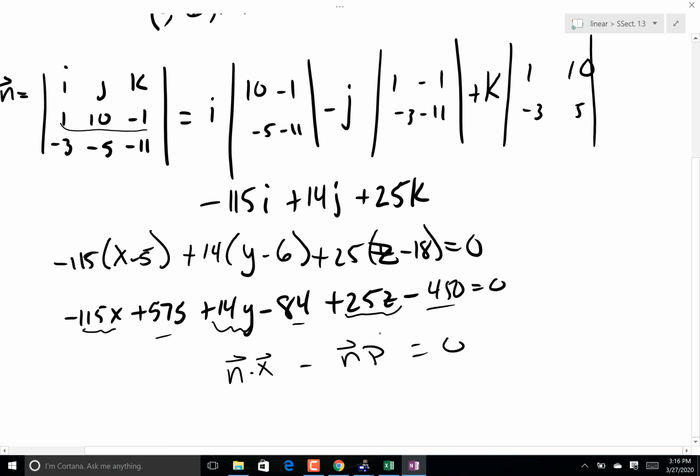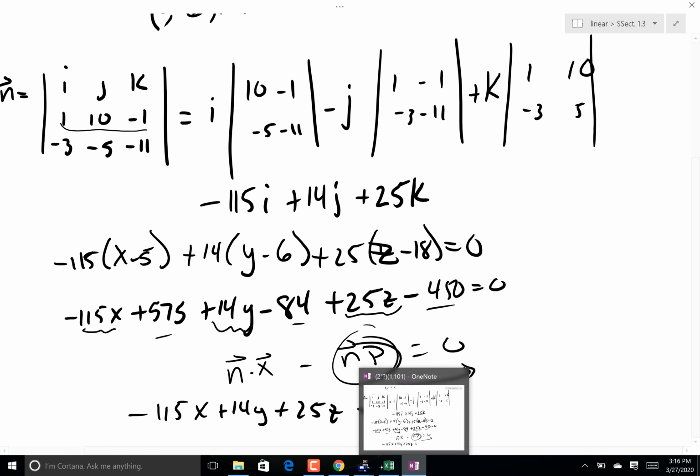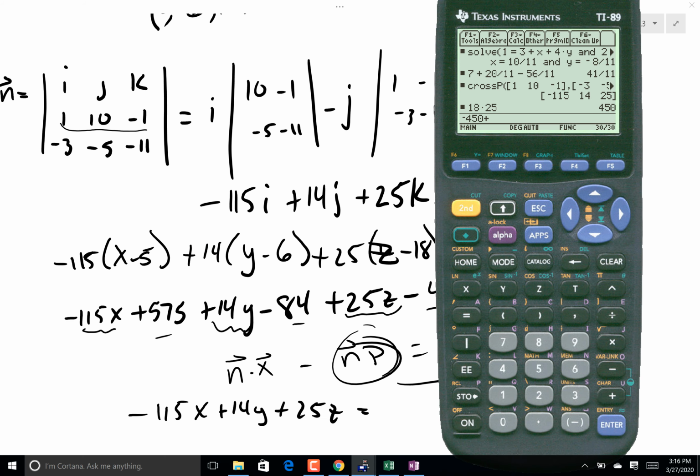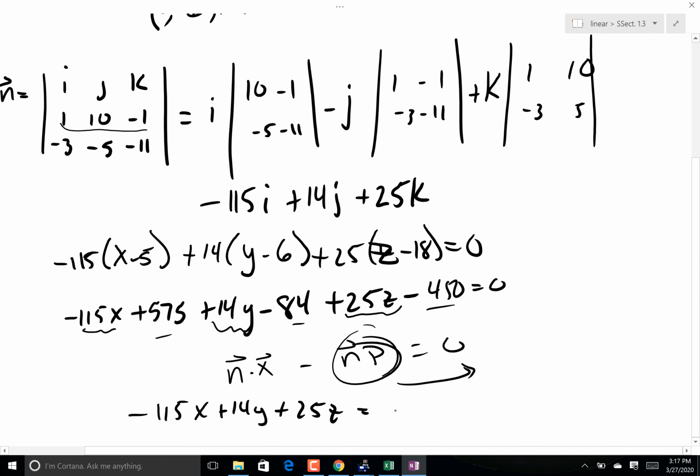And so if I simply take these guys, which are all the constants, and put them on the other side, lo and behold, this thing right here is negative 450 plus negative 84 plus 575, which is 41 when I added them up.